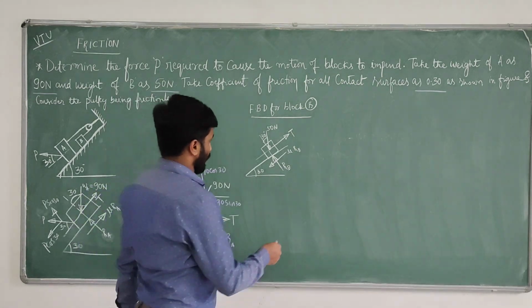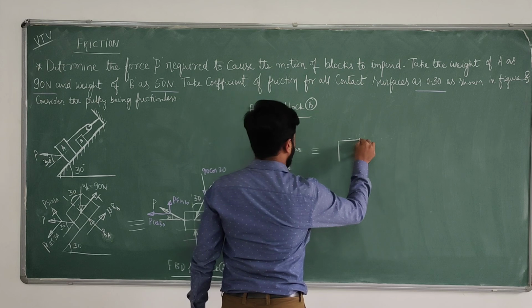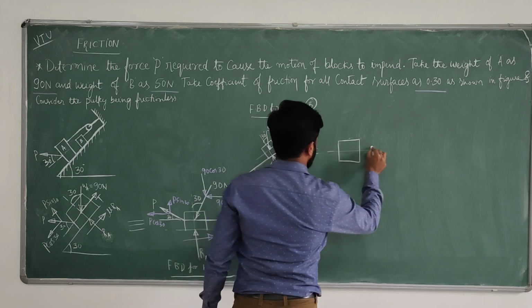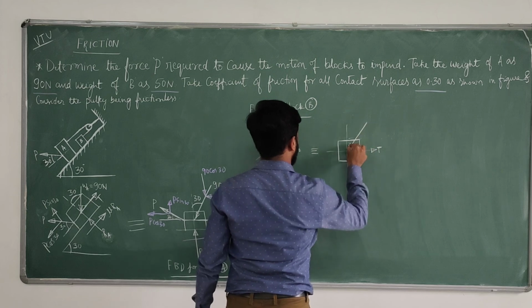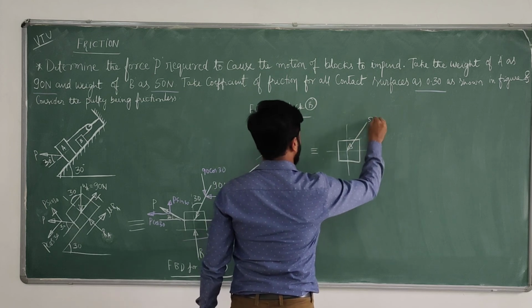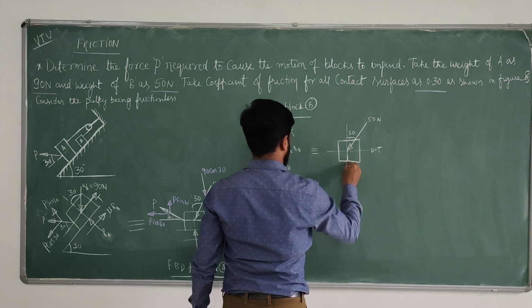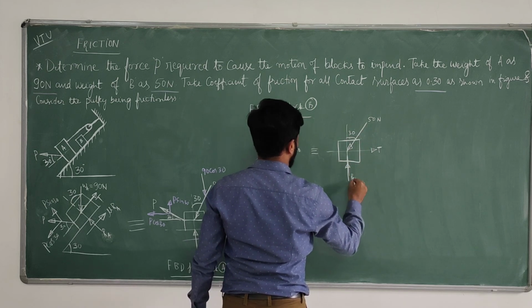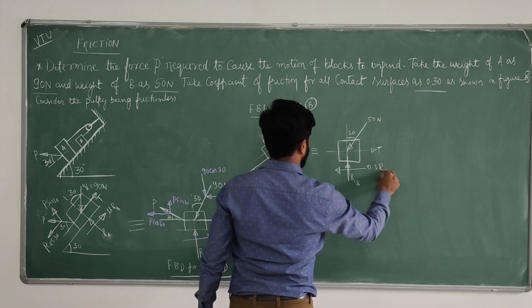Now the equivalent diagram can be written as follows. This is T, with one more force here, that is 15 Newton, and the inclination is 30 degrees. You have one more force, RB, and one more frictional force, that is mu, 0.3, into RB.